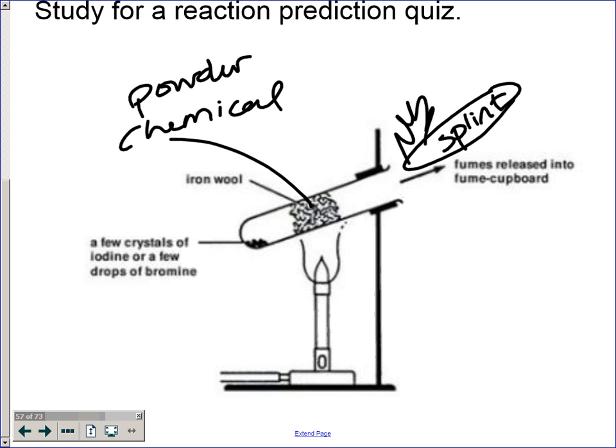Okay, and come back to me. I hope that you know how to light your Bunsen burner. If not, it's like the 5th lab or something like that in the lab notebook.